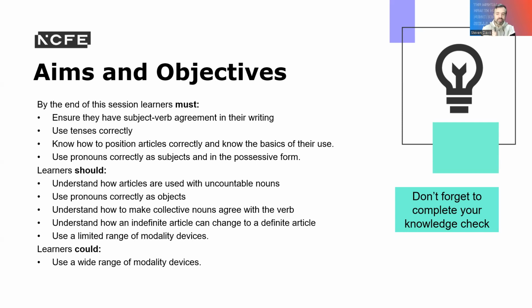Then they should understand how articles are used with collective nouns. Use pronouns correctly as objects. Understand how to make collective nouns agree with the verb. Understand how to identify articles and change to a different role, and use a limited range of modality devices, and could use a wide range of modality devices.